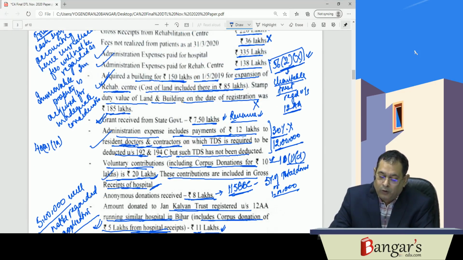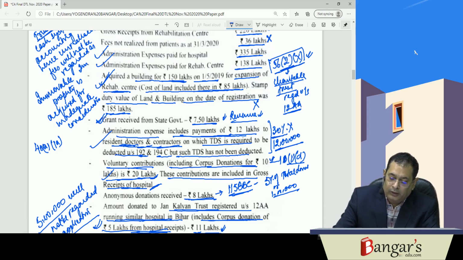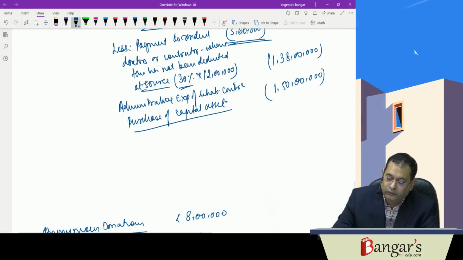Then voluntary contributions, we have already seen. Anonymous donations we have already discussed.